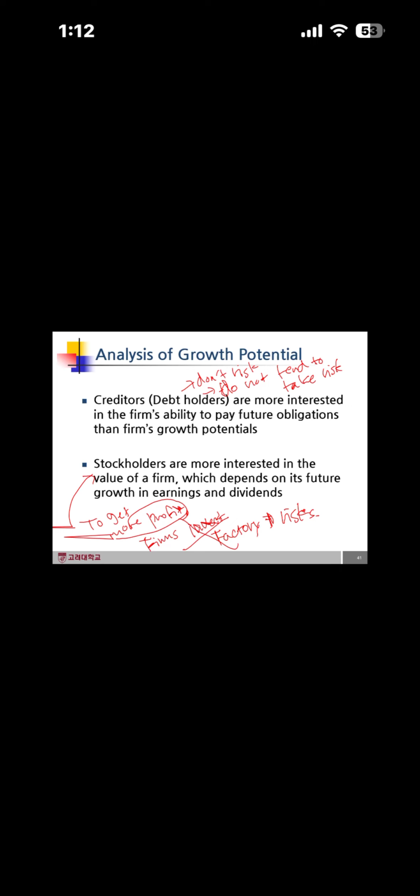But as stockholders like us, we have to analyze the firm's growth potential because this earnings growth is closely related to the stock price. Fundamentally speaking, a firm's growth is determined by its investment and its profitability.